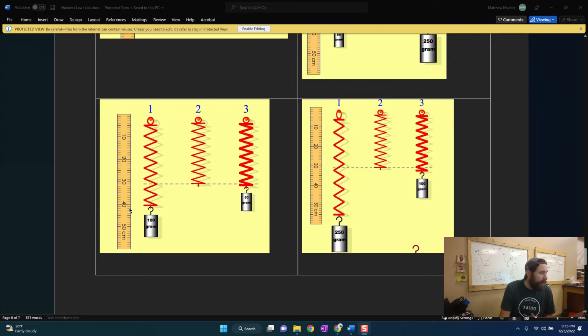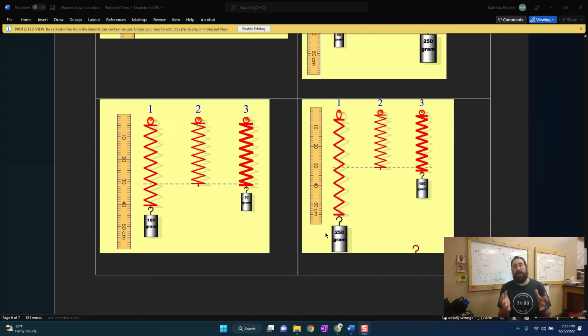Now notice it's in between 40 and 41. I'm going to call that 40.5 for the mass on spring 1. Then on picture 4, we put 250 grams of mass, and it looks like right about 55 centimeters.